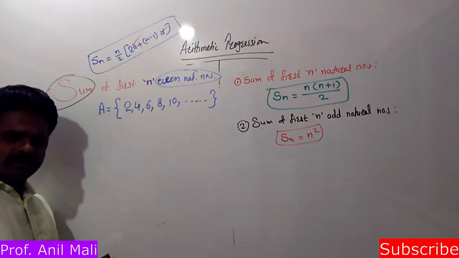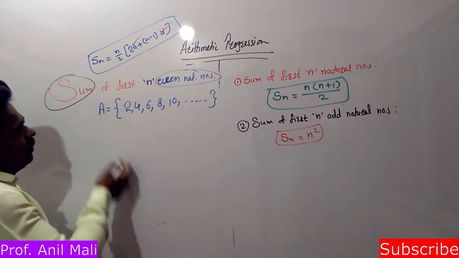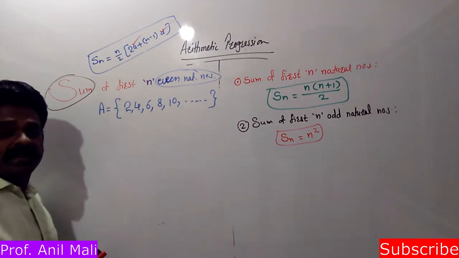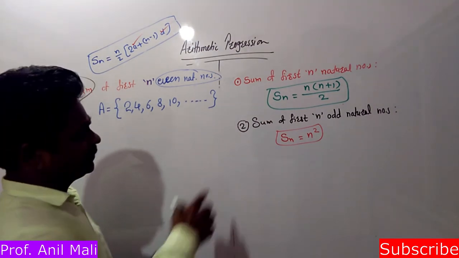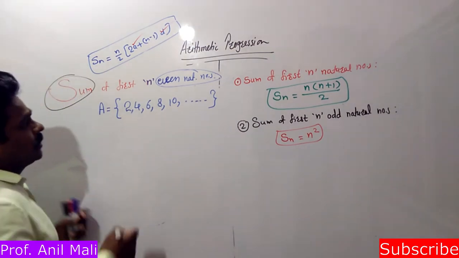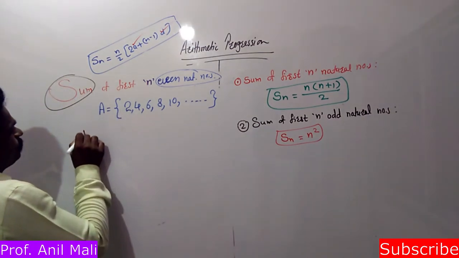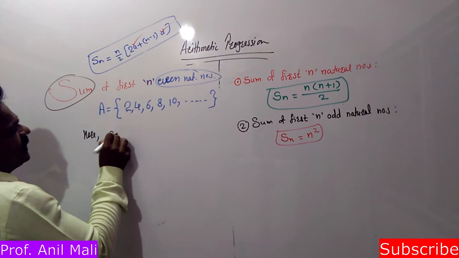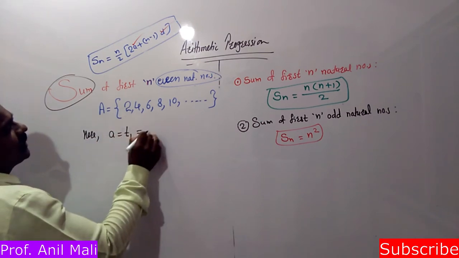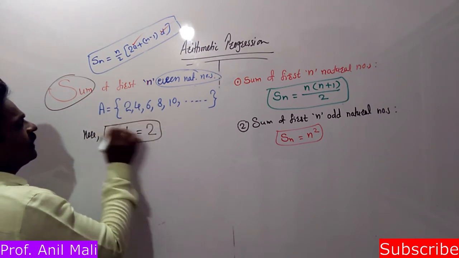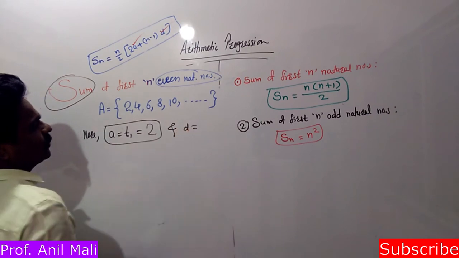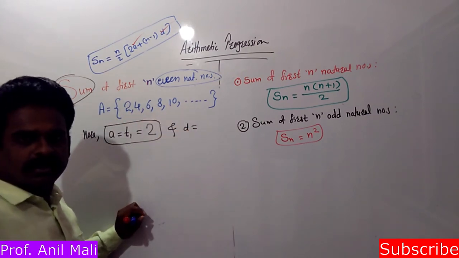Now see, as usual, we'll do the same procedure which we did in the previous one. In this case, first A is equal to the first term, which is equal to 2. Okay, and D is equal to, how much is the difference between consecutive even natural numbers?